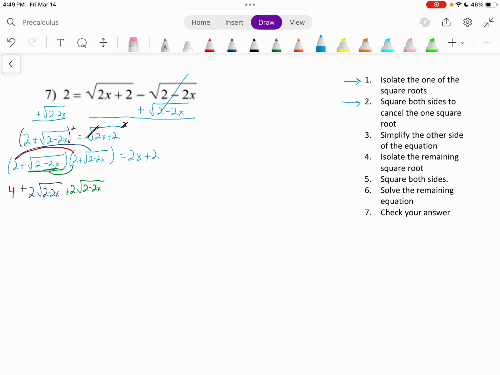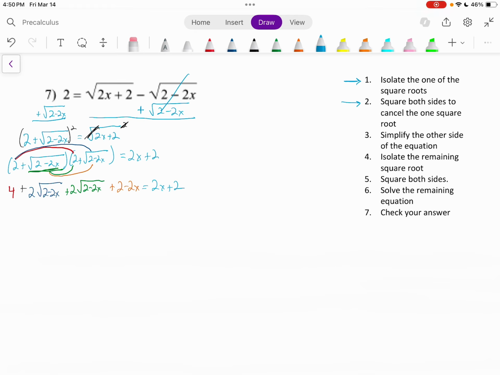And then multiply that times itself. When a square root is multiplied by itself, it cancels the square root, so this is just going to be plus 2 minus 2x. And that is equal to 2x plus 2.